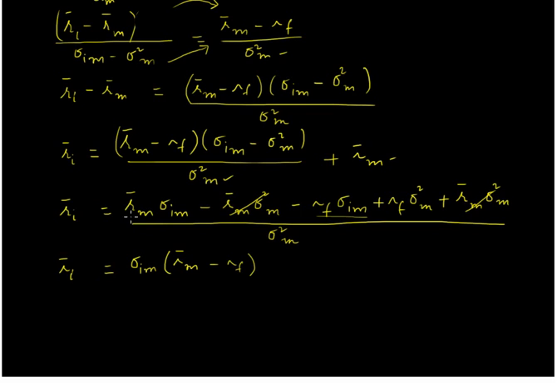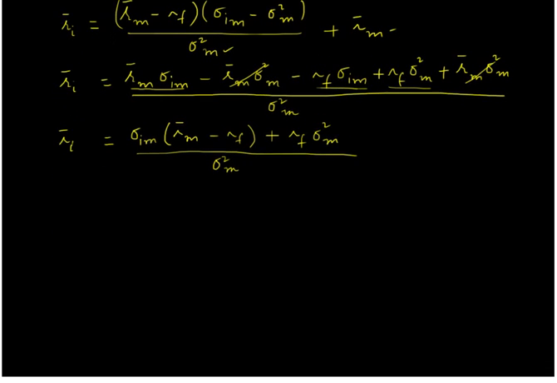So we have dealt with this term here, we have dealt with this term here, this one has cancelled out with this. What else remains? We have this term left here, so let's write that Rf times variance of m, and all divided by variance of m. Let us separate these terms now and see what we get.